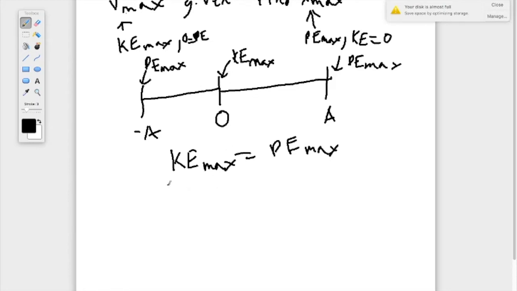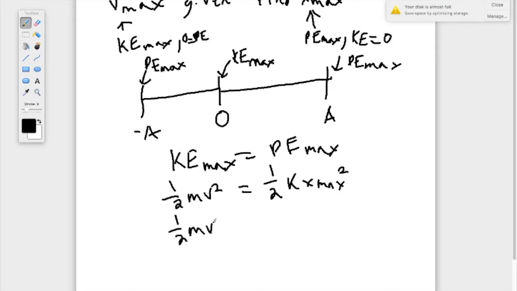So we get 1/2 mv max squared equals 1/2 k x max squared, which is 1/2 mv squared equals 1/2 kA squared, because the amplitude is just the maximum displacement, how far you are from the equilibrium position.